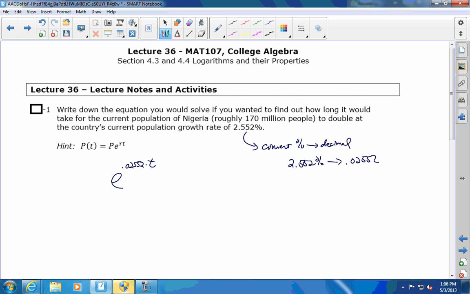Do I know any other pieces to that puzzle there, Alexandra? Okay, and what is that? Right. So P, which is the population, the initial population we're looking at, but it's already grown since the article has been written. P is 170 million roughly. And then what do I put on this side?